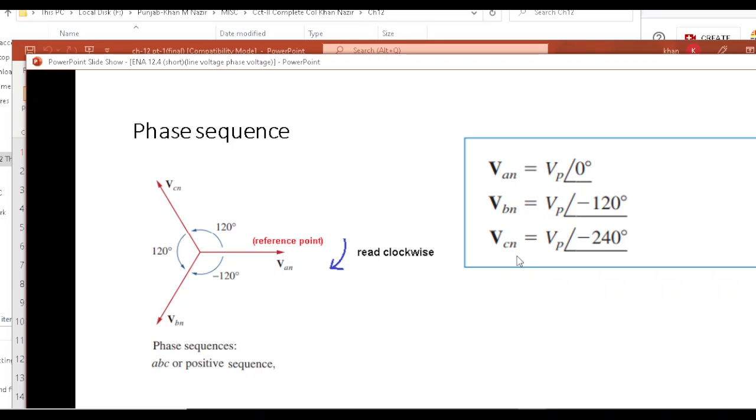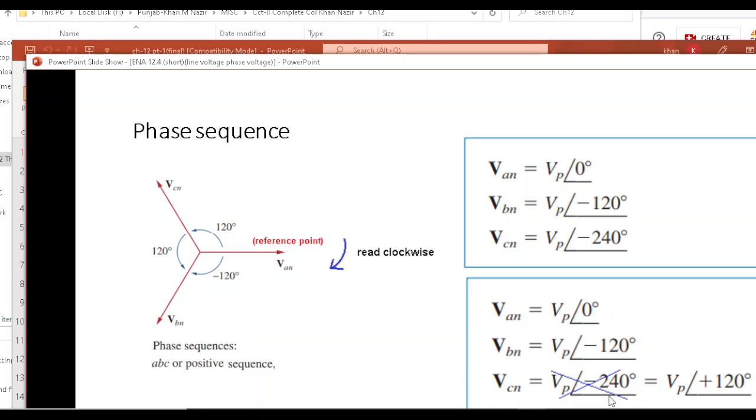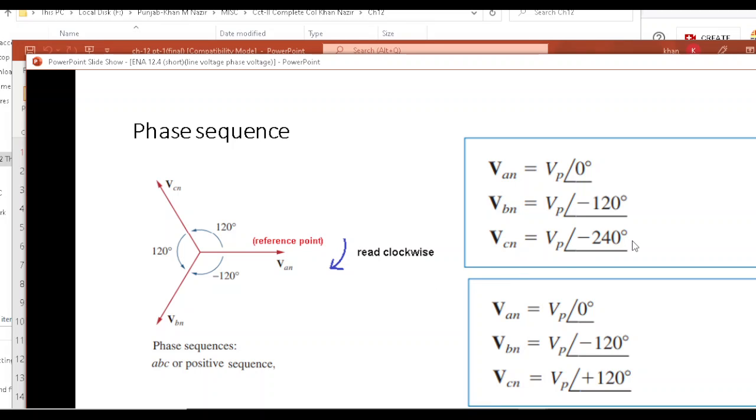So VCN is VP at minus 240. There's another way of reaching VCN: instead of going the negative side, we can go directly the positive way. So VAN plus 120 will also take us to VCN. You can use either technique, minus 240 or plus 120.